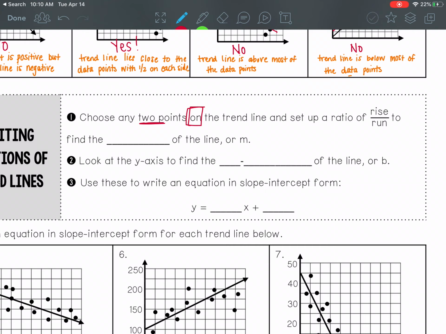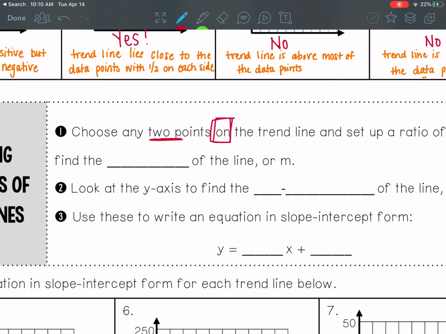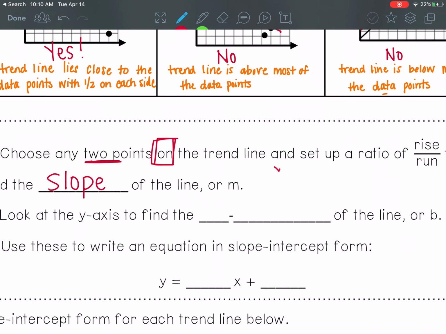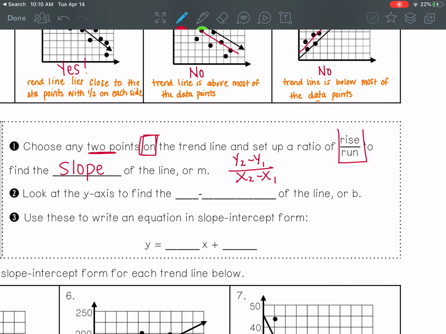Okay, do not choose the points in the scatter plot. Instead, you want to choose points on that trend line. Okay, we know how to find slope. That is rise over run. Or if you truly wanted to, you could use our slope formula. It's going to take a little more work. Subtract your y's on top, subtract your x's on bottom. The way I'm going to be showing you is just simply from the graph, the rise over run.